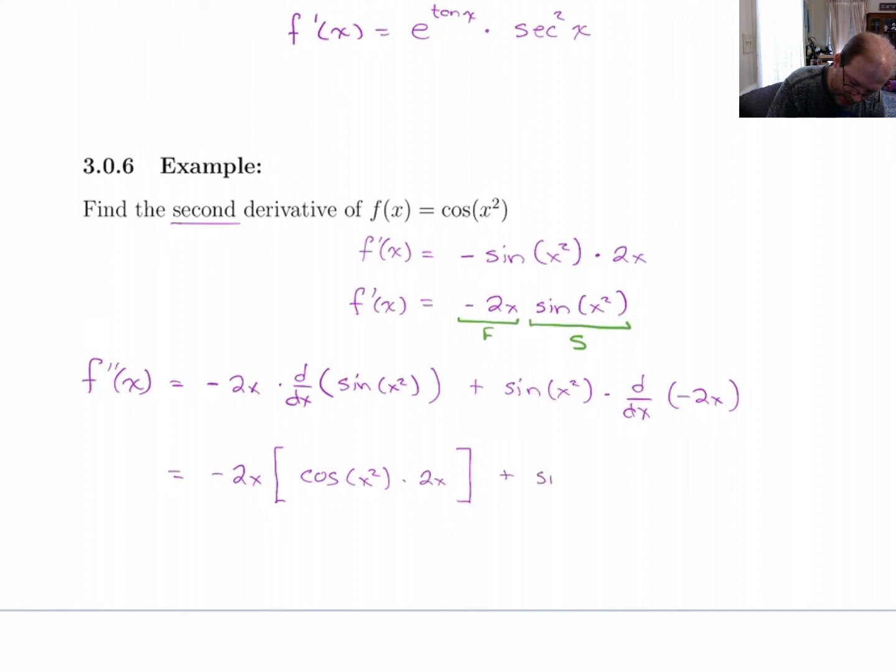This is going to be sine of x squared times -2. All right, I'm going to put this together over here. On this side, we've got -2x and 2x. So this is going to be minus 4x squared cosine of x squared minus 2 sine of x squared.